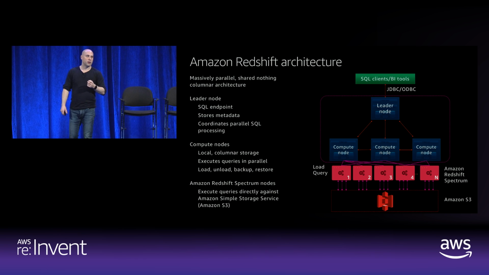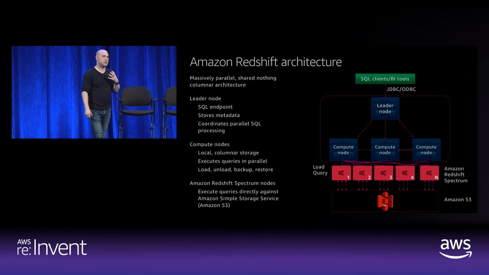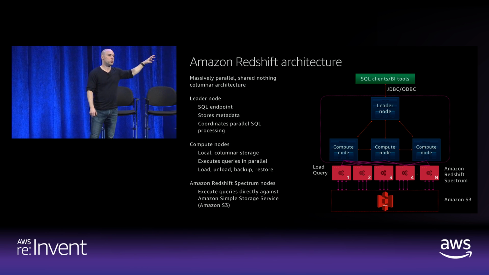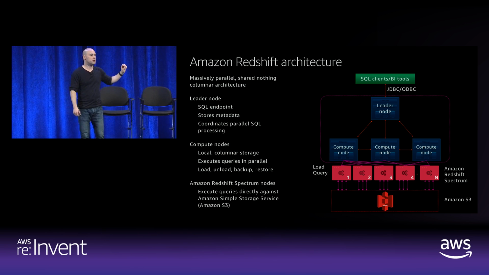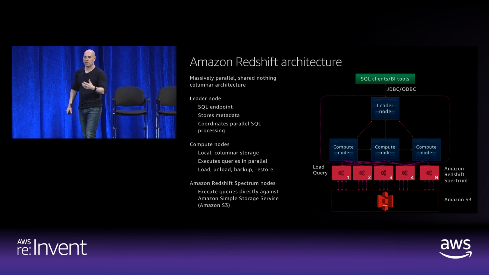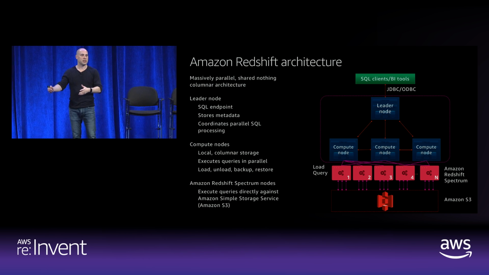A little over a year and a half ago, we launched what we call Amazon Redshift Spectrum, which was really an extension to Redshift. It's an elastic layer of compute that sits between your compute nodes and S3 and allows you to query S3. If you have a data lake with all these Parquet files sitting on S3, you can expose those Parquet files in your Redshift cluster as an external table and query them.